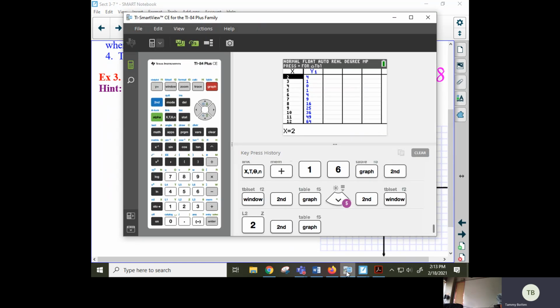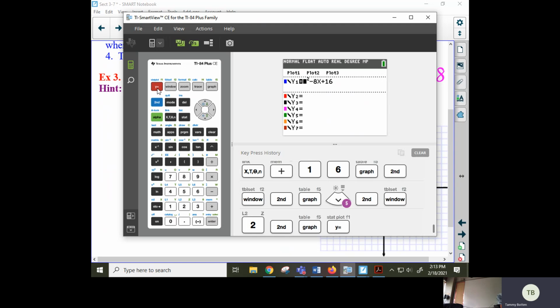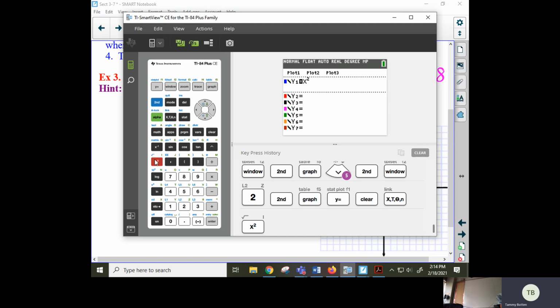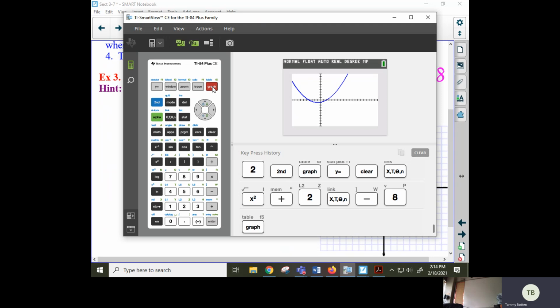So I'm choosing to use my calculator to find two things. I wanna find the minimum or maximum value, and I wanna find the zeros. Okay, so first let's put it in, and I get x squared plus 2x subtract 8, graph.